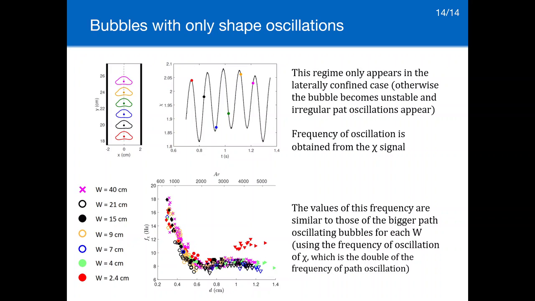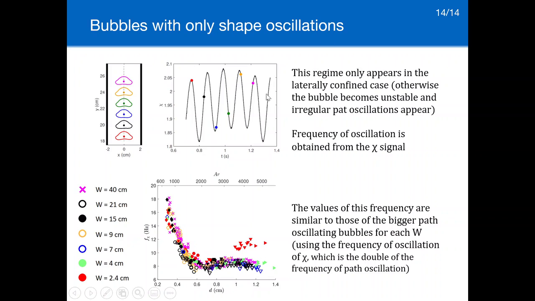They have path oscillations that are unstable and with no clear periodicity. In this sense, the lateral walls have a stabilizing effect on the bubble. And here we don't have a frequency of path oscillation because there is no path oscillation.